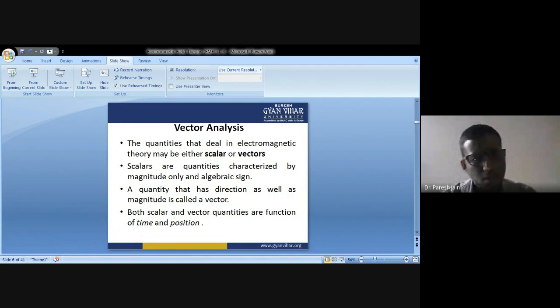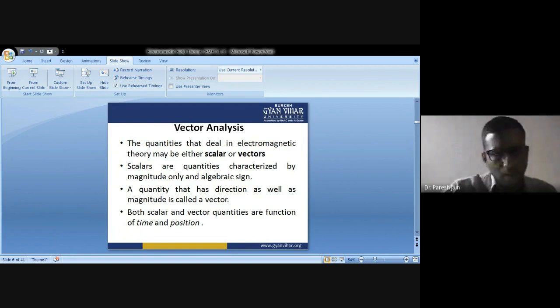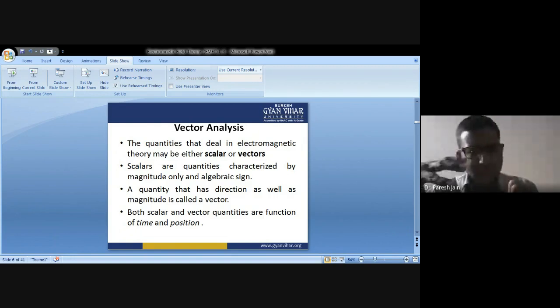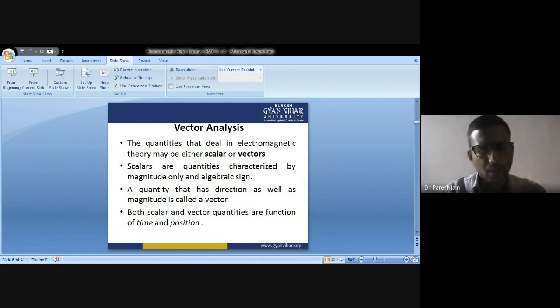A scalar quantity is always a magnitude with a sign, but a vector is not only the magnitude. It also defines the direction of the quantity, where the vector is moved, forward direction, negative direction, or backward direction.